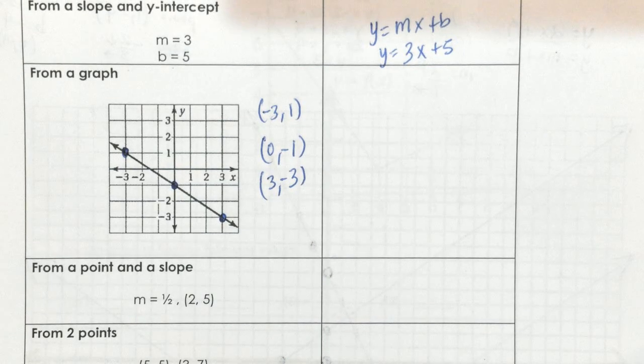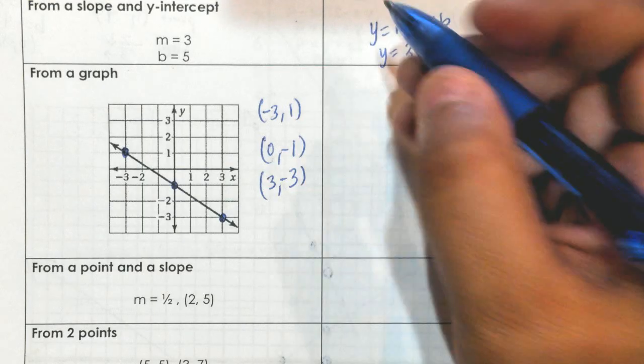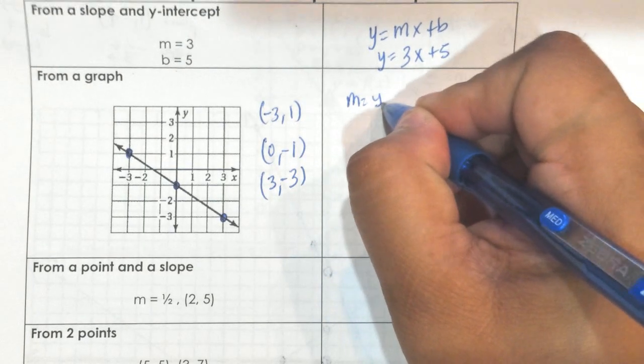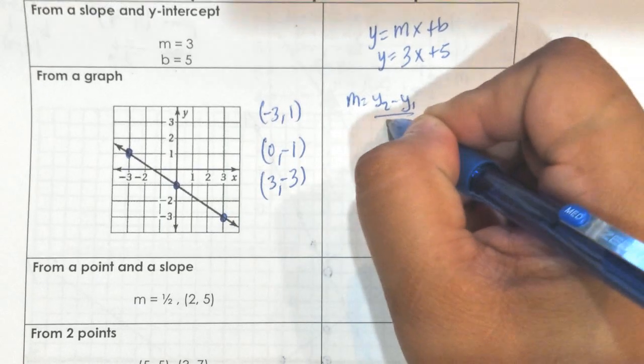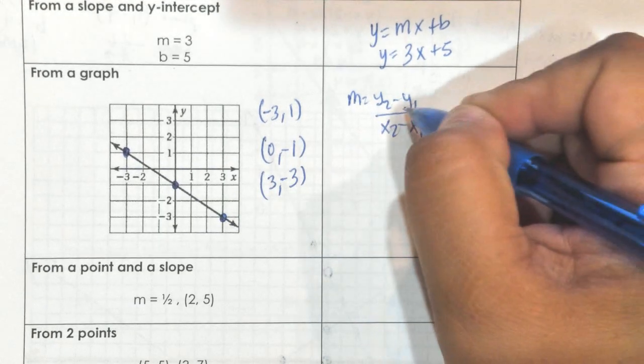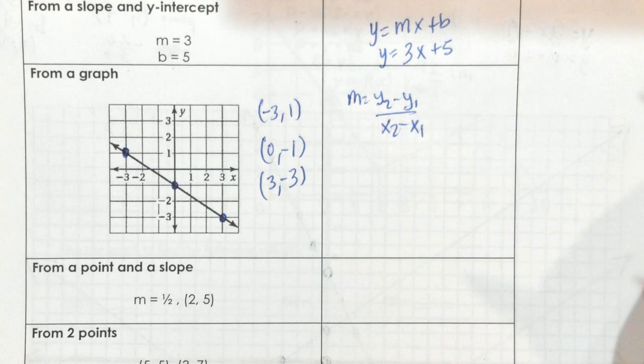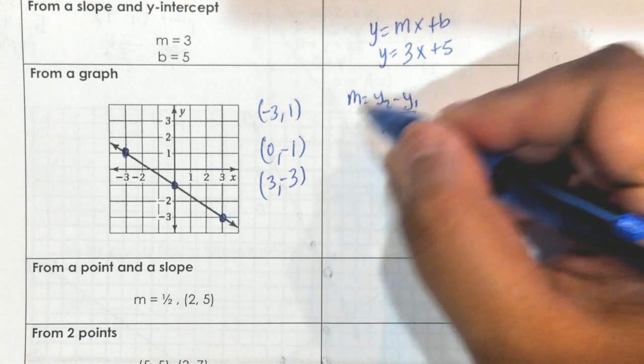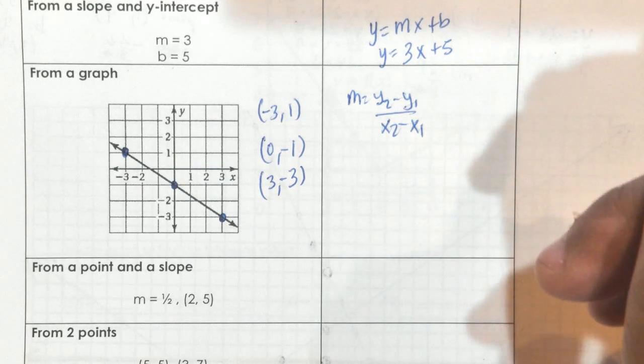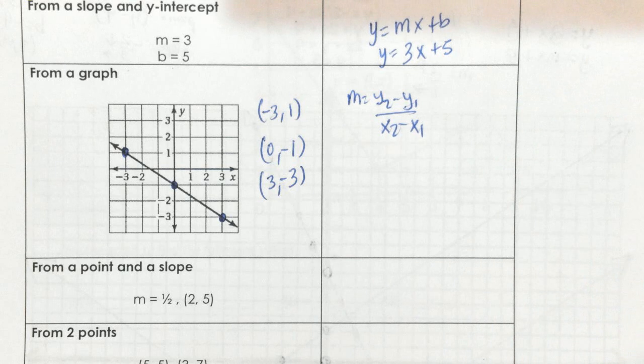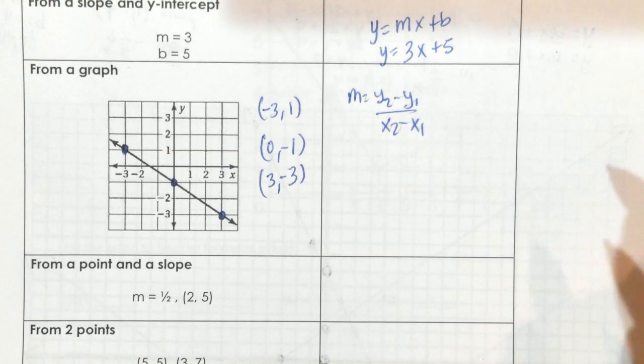Okay, now in order to find slope, I can use the slope formula, which is y2 minus y1 over x2 minus x1. That's always going to be given to you. So that's why I always default back to stuff that's going to be given to you on your test or on your STAR test.